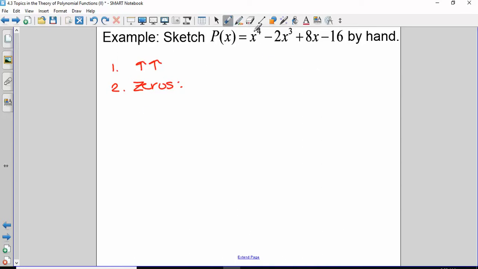So grouping says you put the first 2 in parentheses and the second 2. What could you pull out of the first 2? That leaves us with an x minus 2. What about the second 2? We got an 8, and that leaves us with an x minus 2.